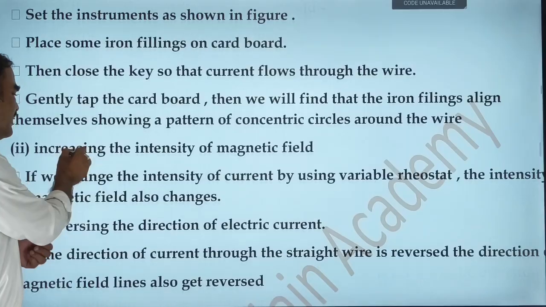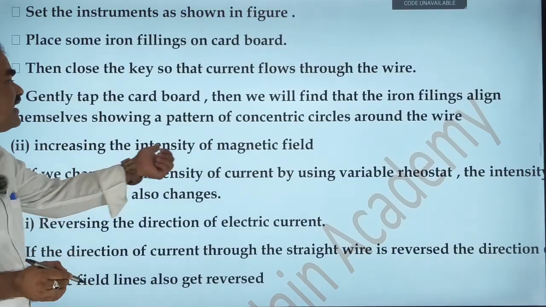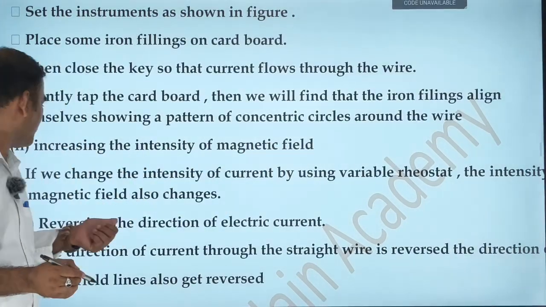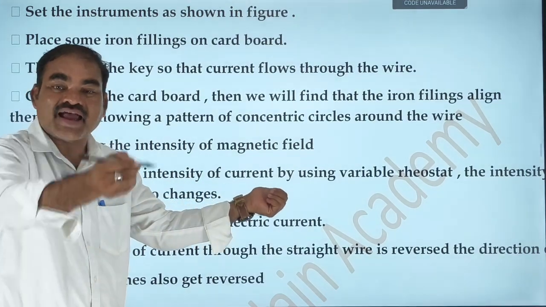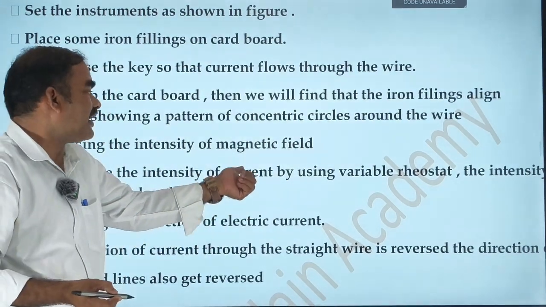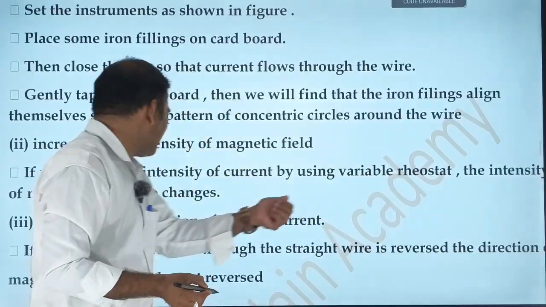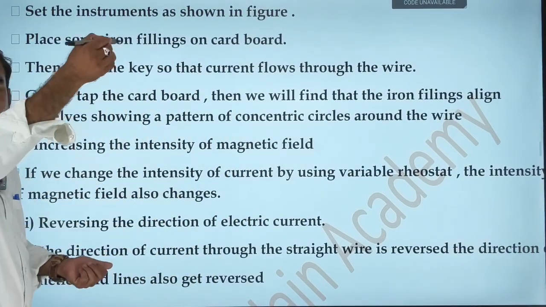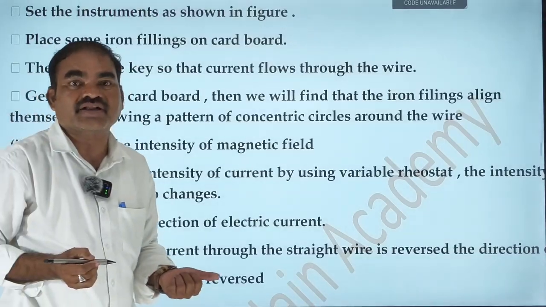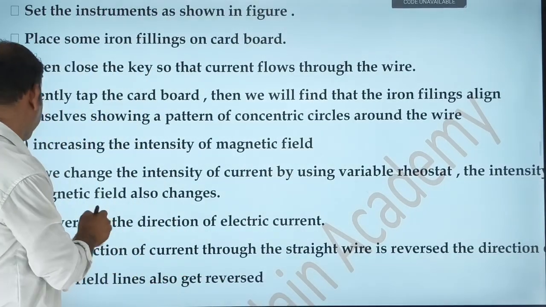Second, increase in the intensity of the magnetic field. If we change the intensity of the current, that is, if we maximize the current using the variable rheostat, the intensity of the magnetic field also changes. If we increase it, it will increase, and if we decrease it, it will decrease.